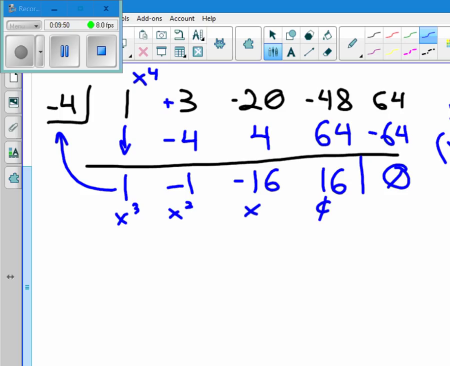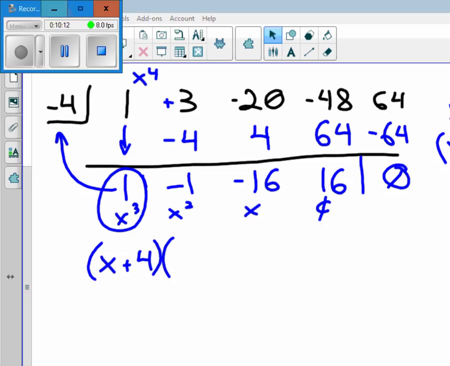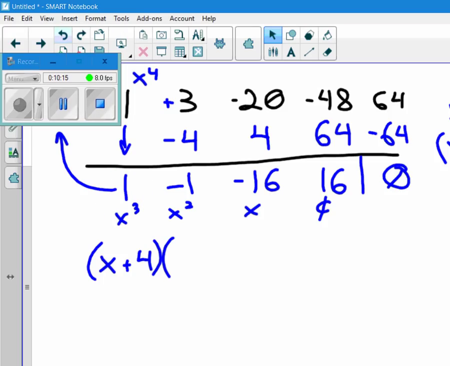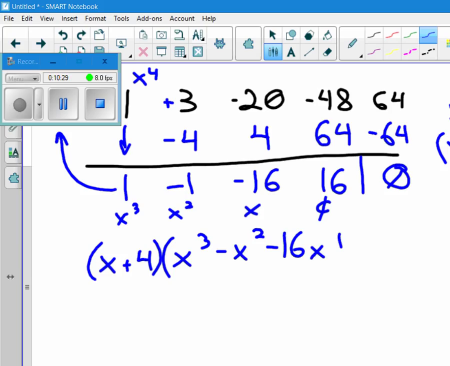And so what this says is that I can factor this down into x plus 4 times, using these values, 1x to the third minus x squared minus 16x plus 16.